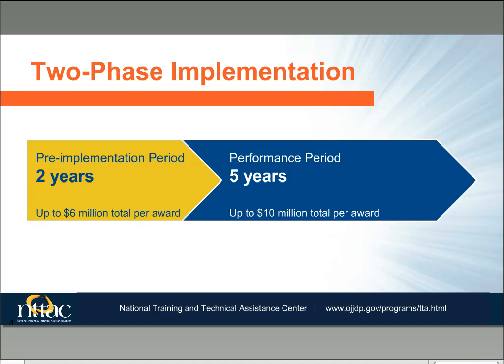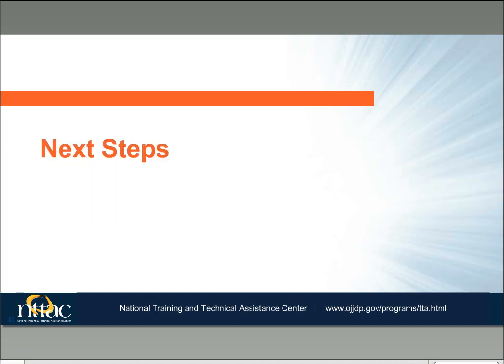You'll see in that figure that for the first 2 years, there are up to $6 million available per award, and then for the 5-year performance period, there are up to $10 million. For the life of the model, we intend to provide technical assistance and peer-to-peer learning and support, as well as robust evaluation activities.